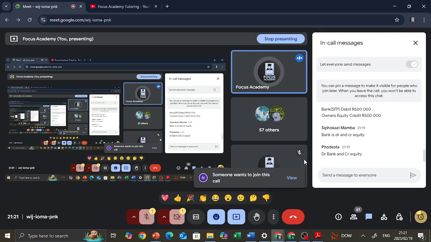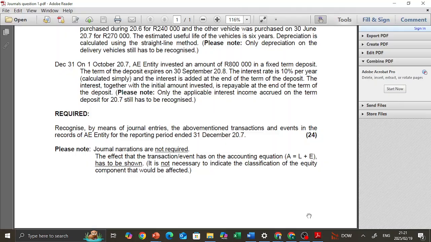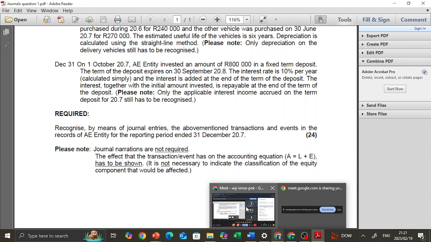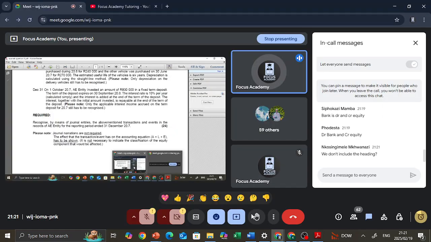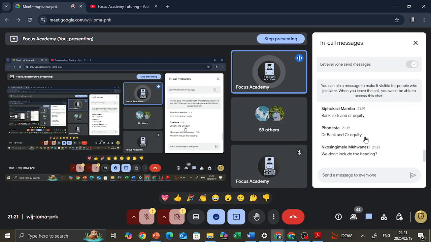So essentially, the instruction says it is not necessary to indicate the classification of the equity component that would be affected. They're calling it the equity component. I would call it the element of financial statement called equity. And they are saying in our answer, in our abbreviations, we do not have to write SCE, even though it is correct, it would affect the SCE 1000%. No, we do not include the abbreviation.